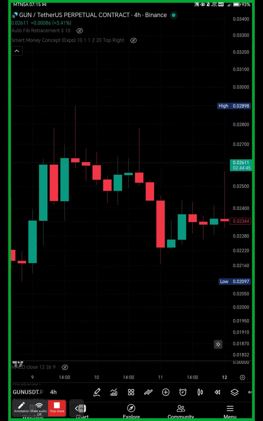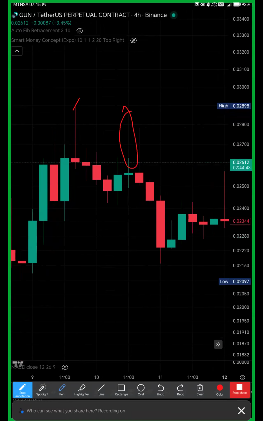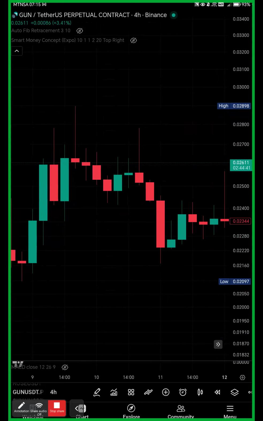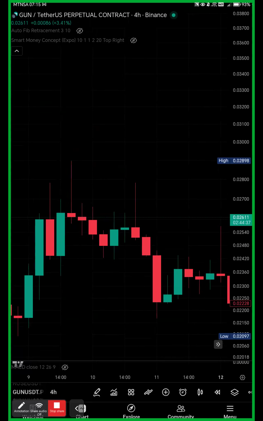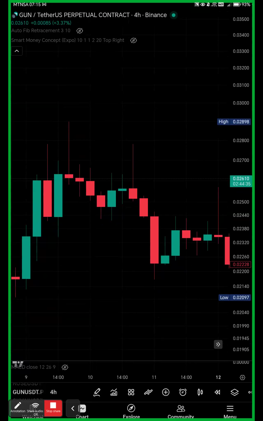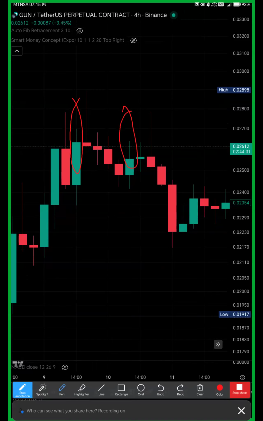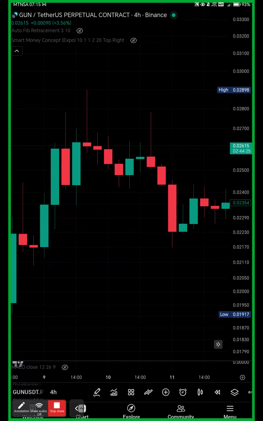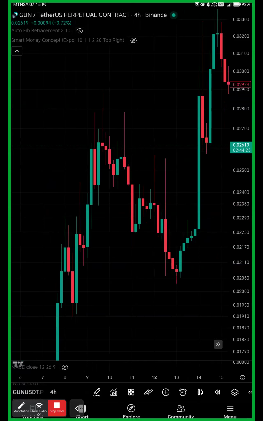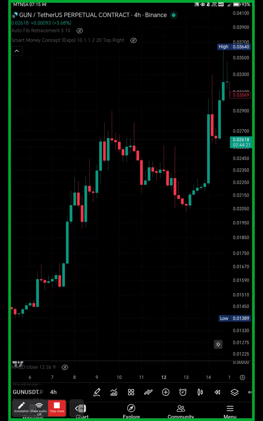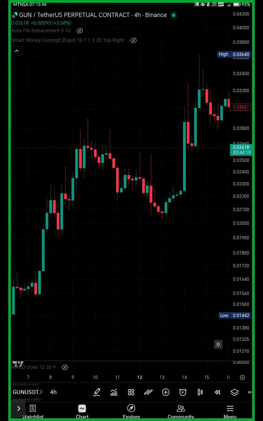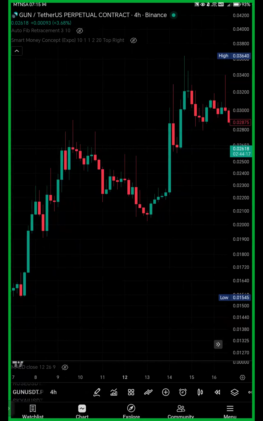This one. And that one I was showing you. I want you to look closely, very closely. This candle over here, it appeared after an uptrend as well. Can you see it was an uptrend?